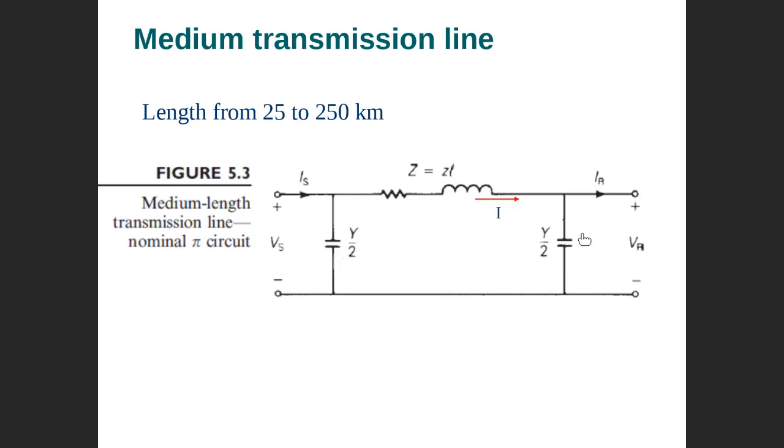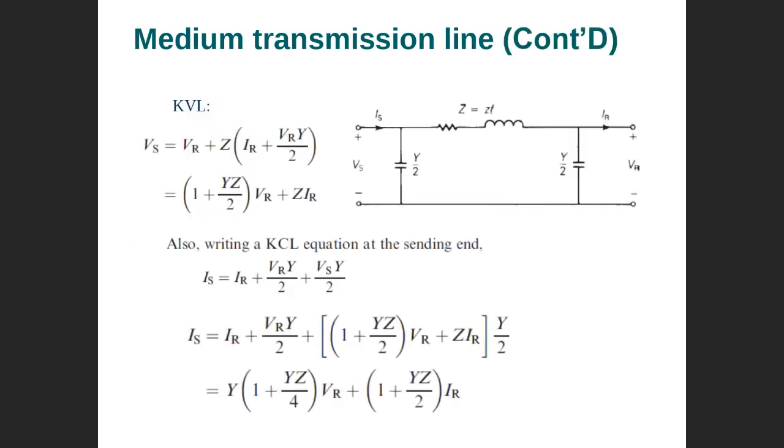Even if it is 20 kilometers, for example, and you want more exact, you can include this branch y/2, from the characteristic of the transmission line.